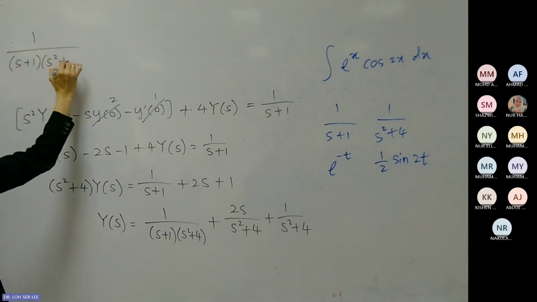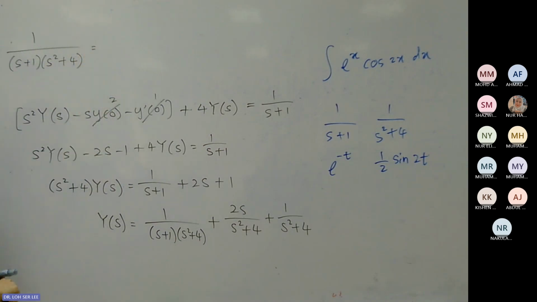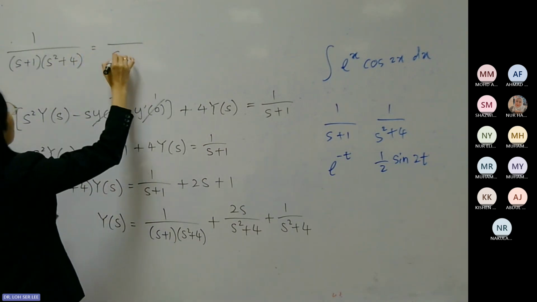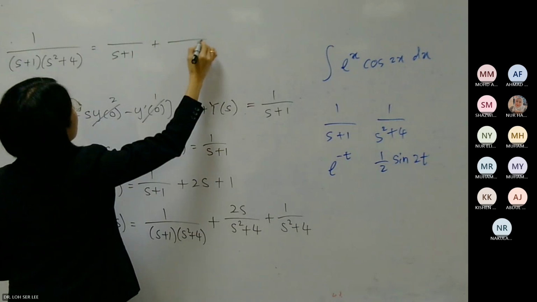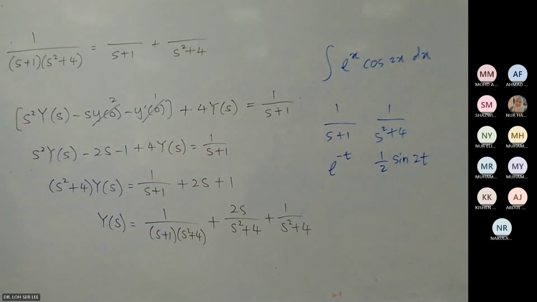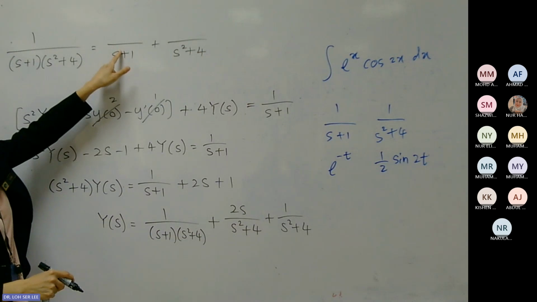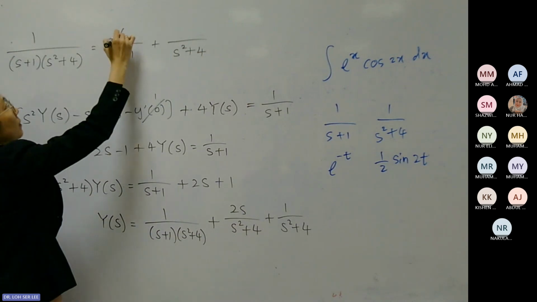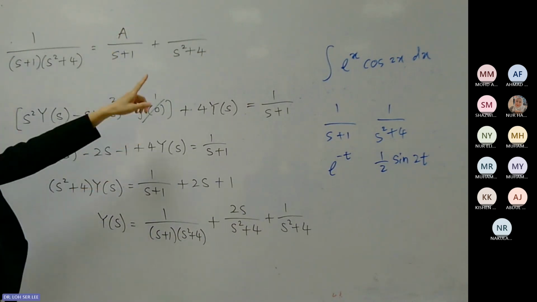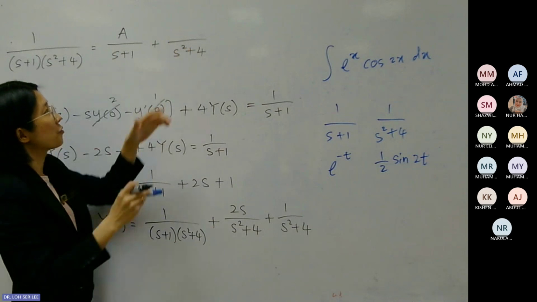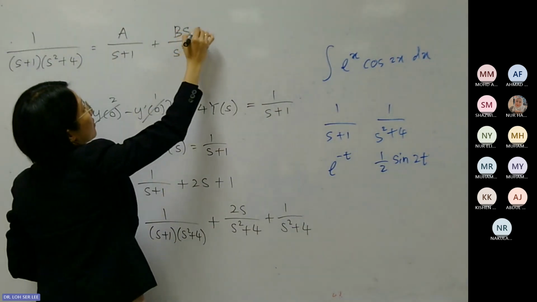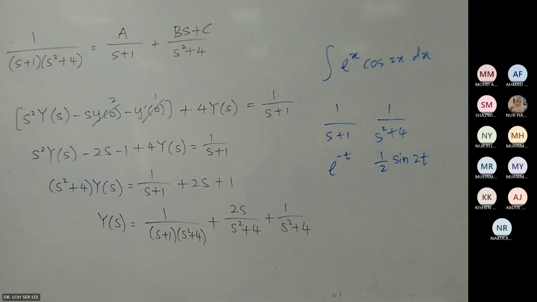Plus 1, s squared plus 4. Okay, so we separate this. This is power of 1, so here is a constant. This is power of 2, so here you must have an x, Bx, then plus C. Partial fraction, I think all of you know partial fraction, right?